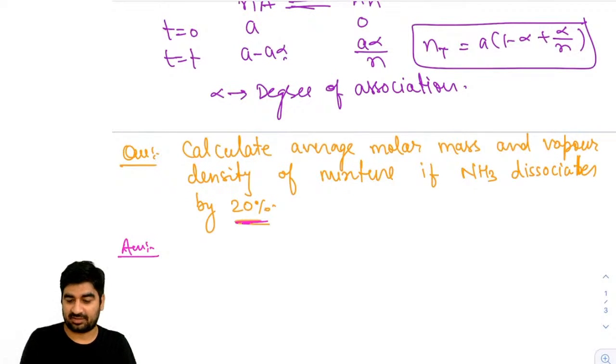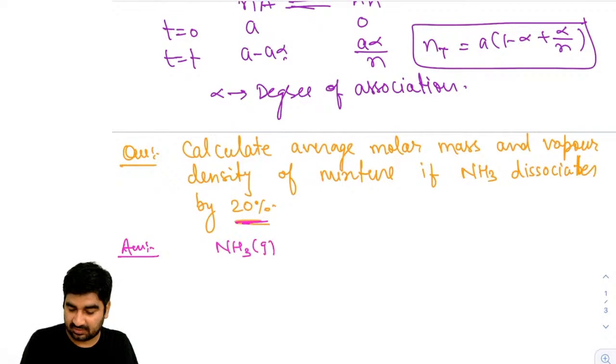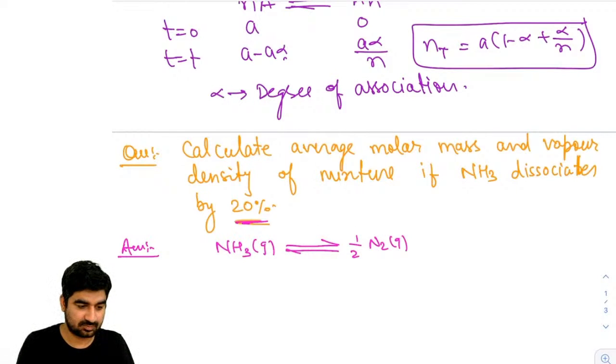So now I will start it. Just write this reaction: NH3 gas is dissociating into half N2 gas and 3 by 2 H2 gas.